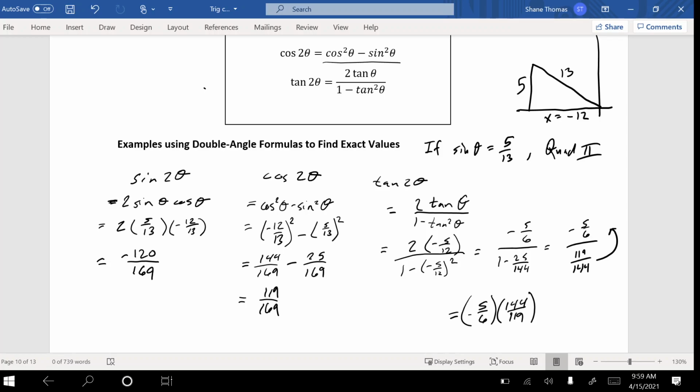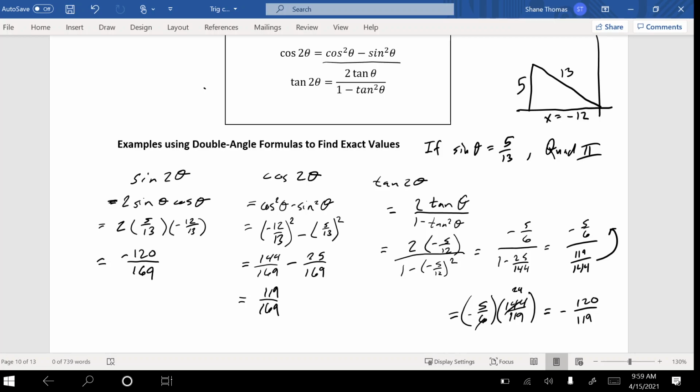So then on top, 6 out. 144 divided by 6 is 24. Okay, so that's going to leave me with negative 120 over 119. Ugh.